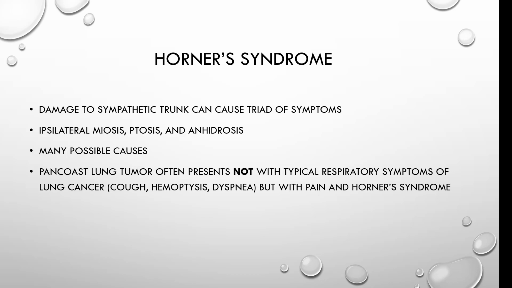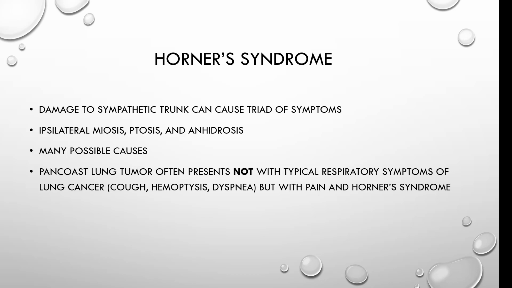The third part of this syndrome that we call Horner's syndrome, in addition to that ipsilateral miosis and the ptosis, is anhidrosis, or a loss of sweating, because if you remember, I think I mentioned earlier, but maybe it'll be later, that sweating is under sympathetic control. There are a ton of potential causes, Pancoast tumor being just one of them.